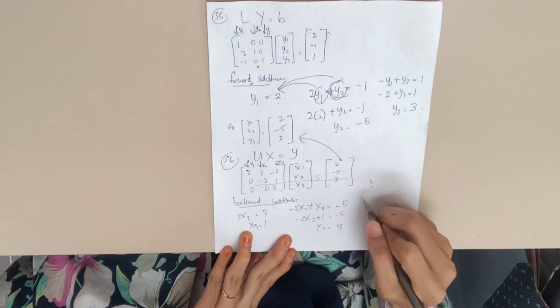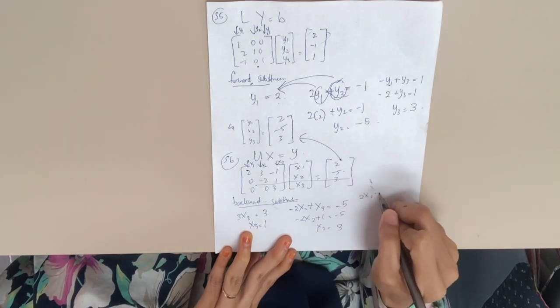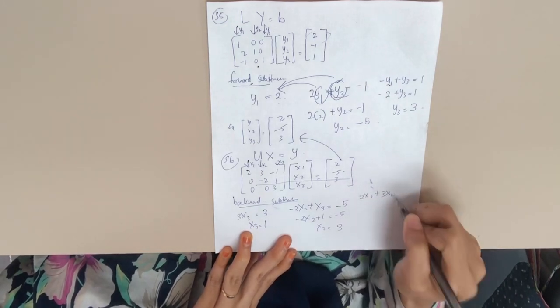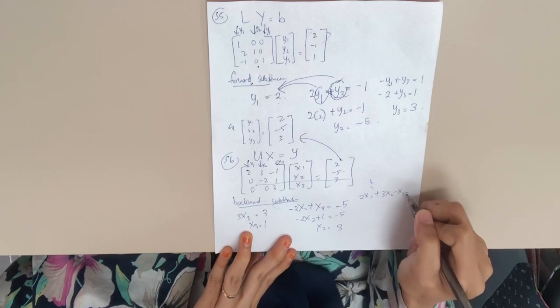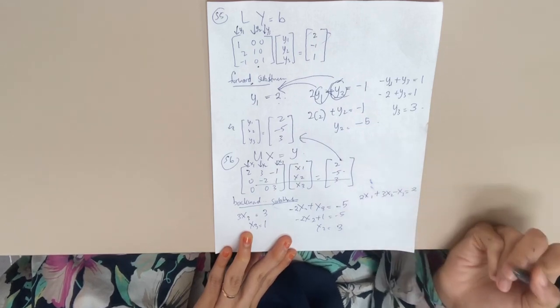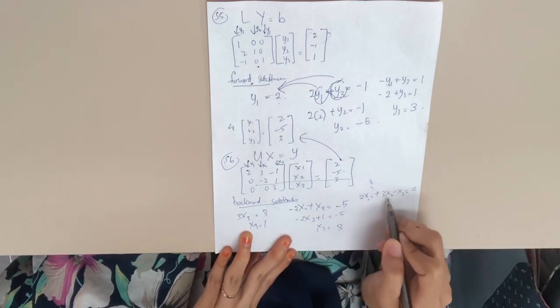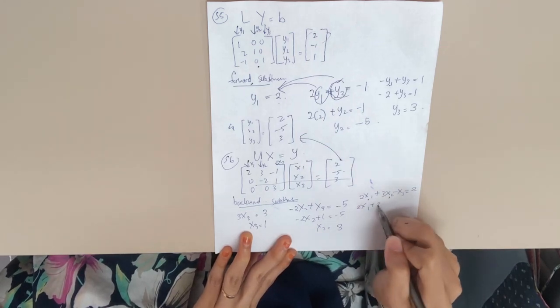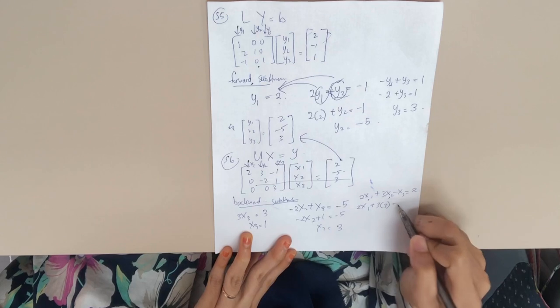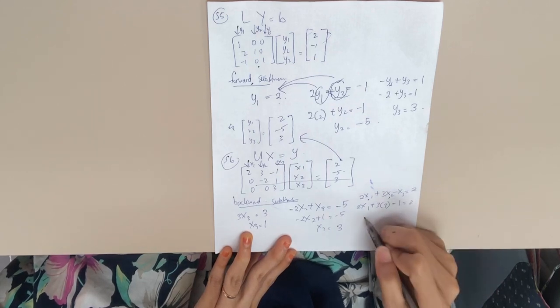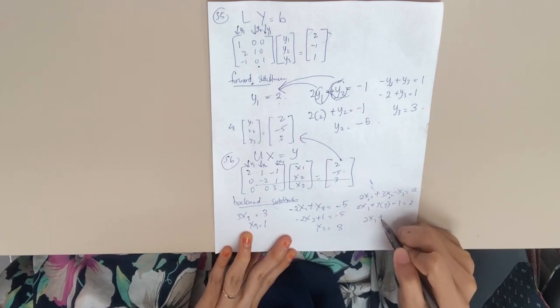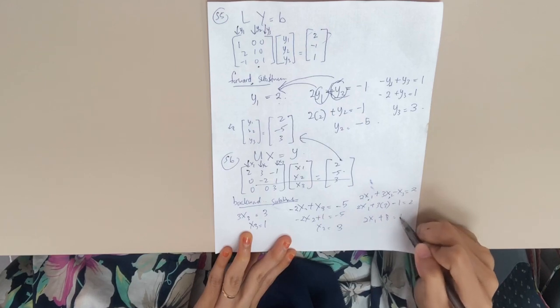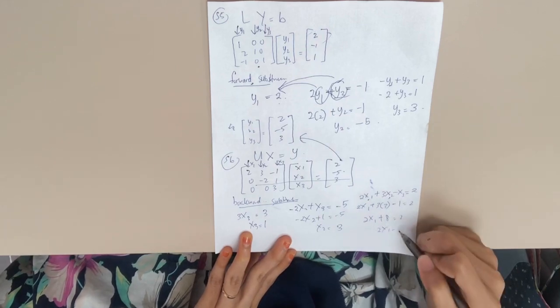And the last one is 2x1 plus 3x2 minus x3, and this equation is equal to 2. So x2 and x3 have their values already. So you substitute: you have 2x1 plus 9 minus 1 equals 2. So 2x1 equals negative 6.